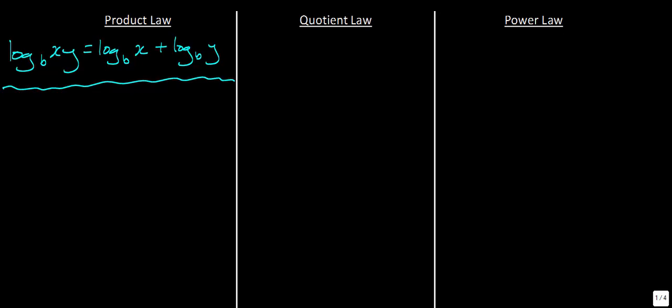All right, so the first thing I'll do is use a let statement. Let log base b of x equal m. I'm just making this equal m. And then I'll do the same thing, but I'll let log base b of y equal the letter n. Now, if you remember what logs essentially mean, it means what number do you raise b to in order to get y?